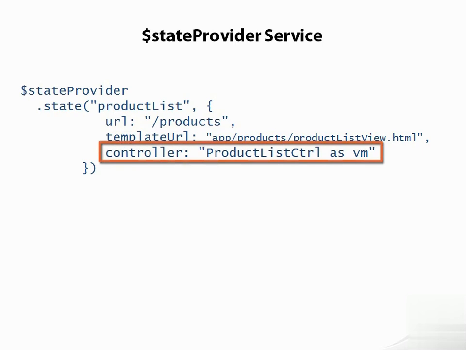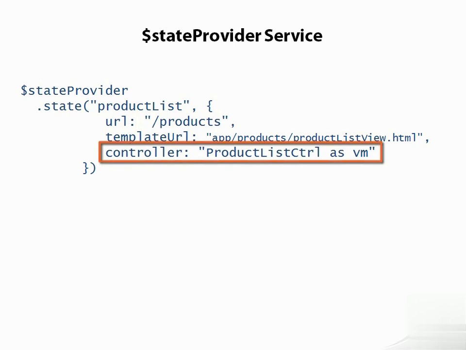The controller property is optional. It defines the string name of the controller associated with the defined view. Since the controller is registered with the module, the $stateProvider can locate the controller by its name.